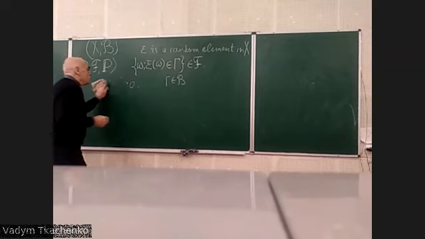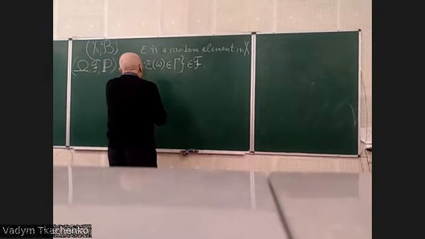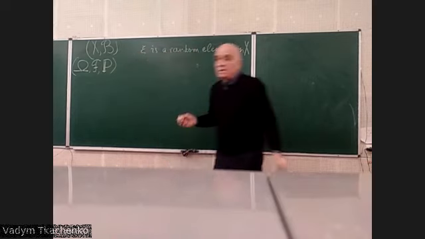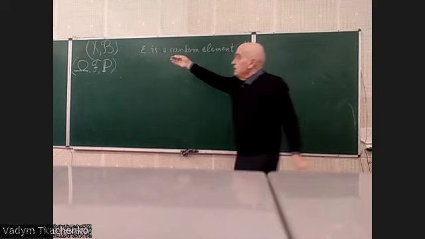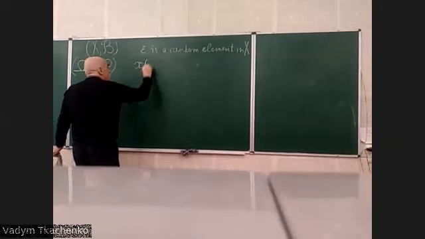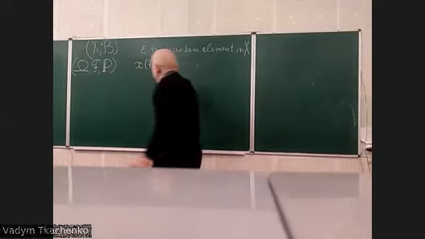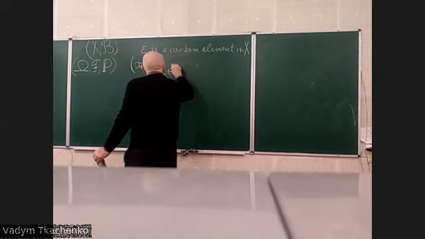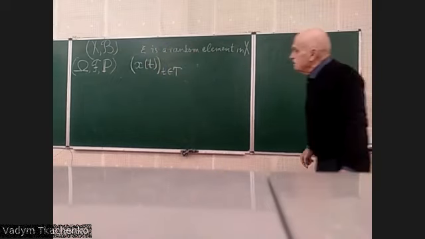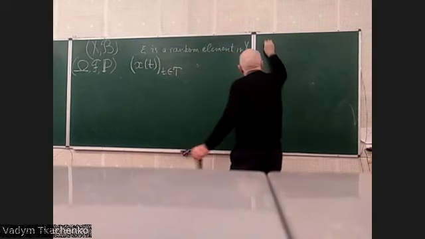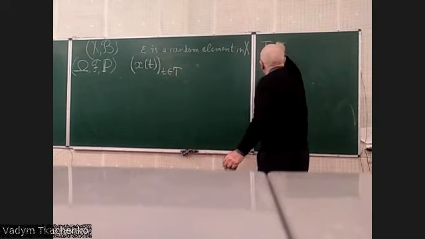If I have a random process in this space, I have a family of random elements X(t), t in T, where T is a subset of the real line.